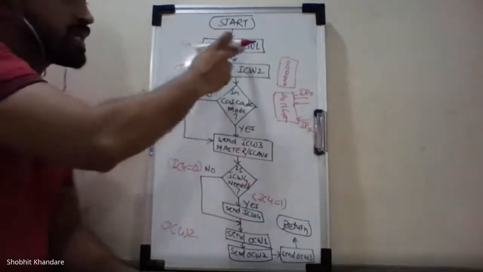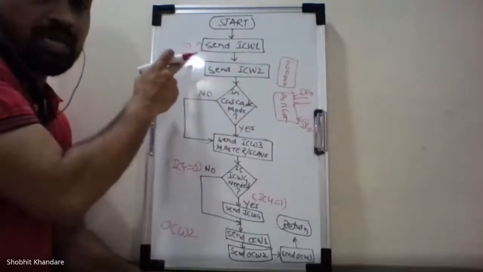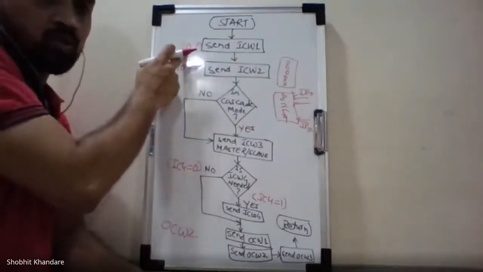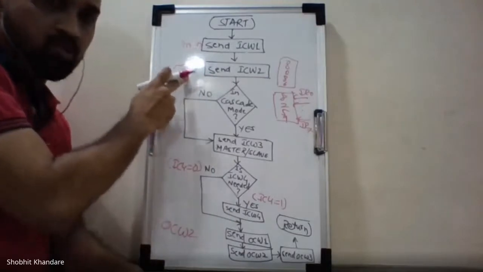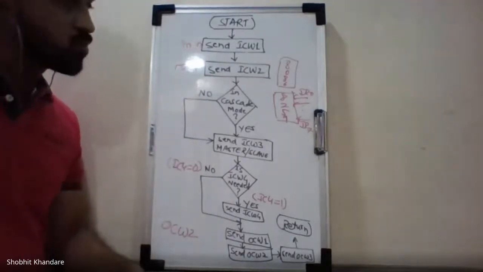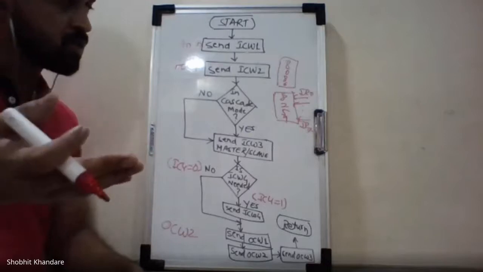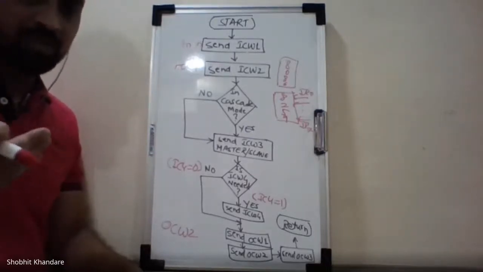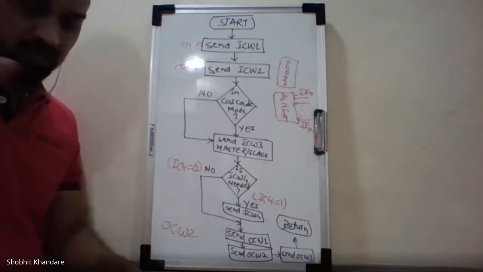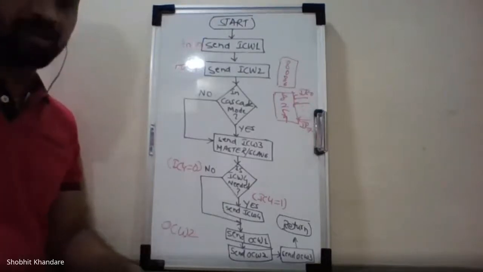ICW1 is sent through internal address A0 equals 0, and ICW2 is sent with A0 equals 1. So 8259 will come to know what the interrupt type numbers are. This information will be available with 8259.